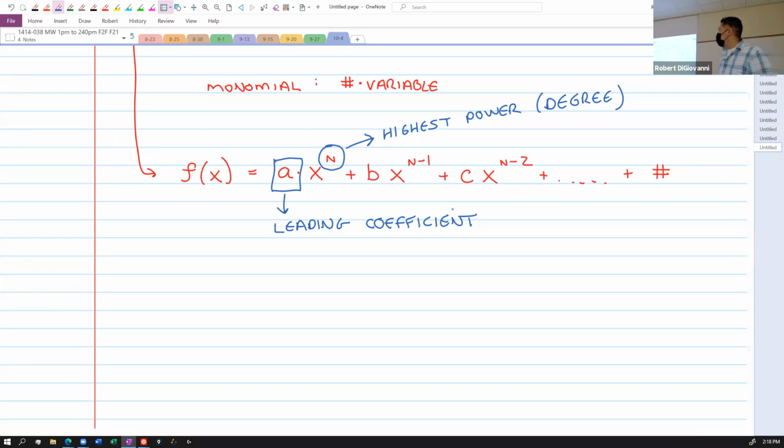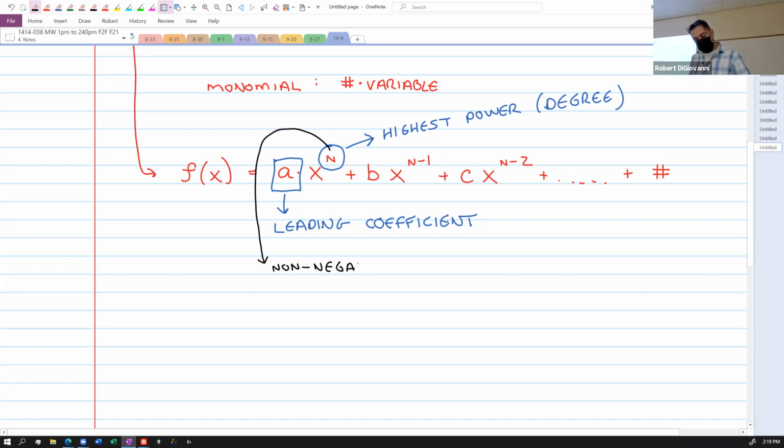Now, there is one thing I have to say about those powers. Those n powers have to be non-negative integers.